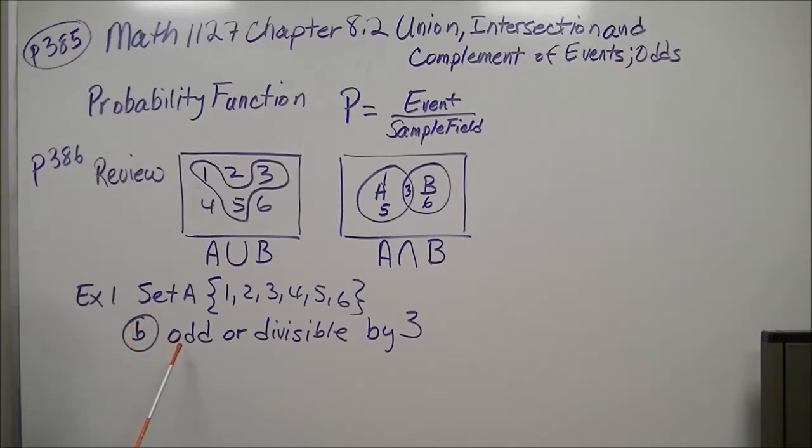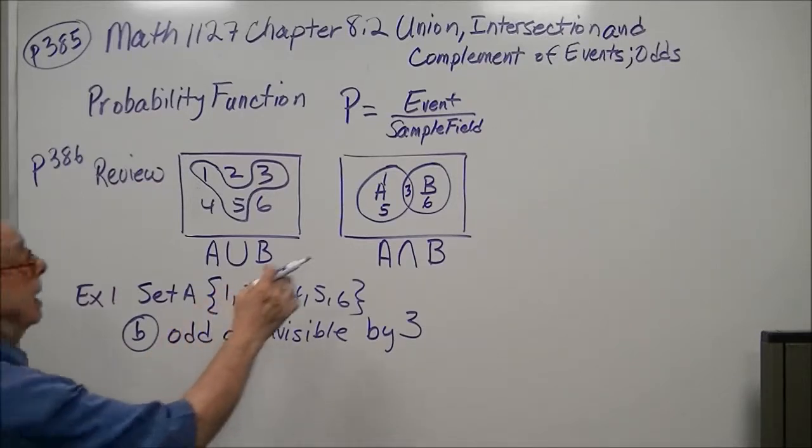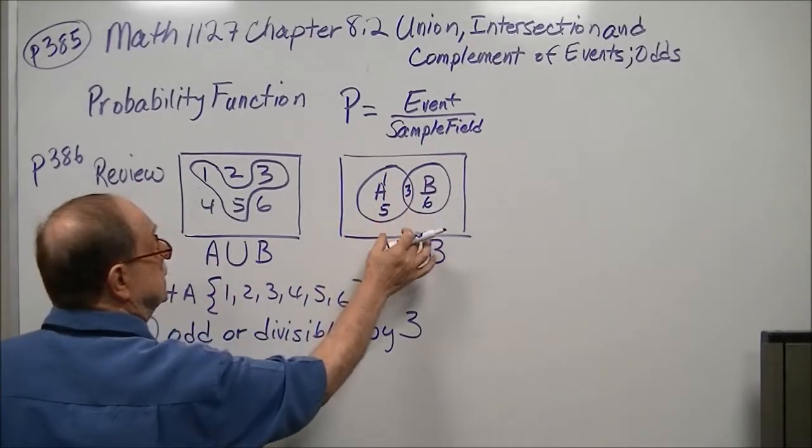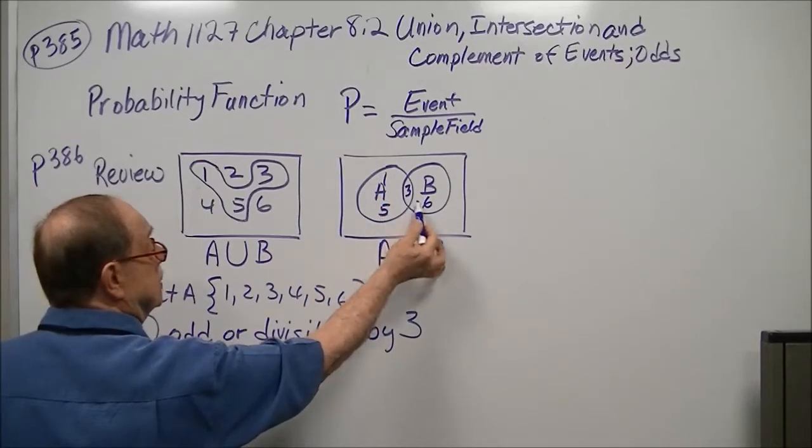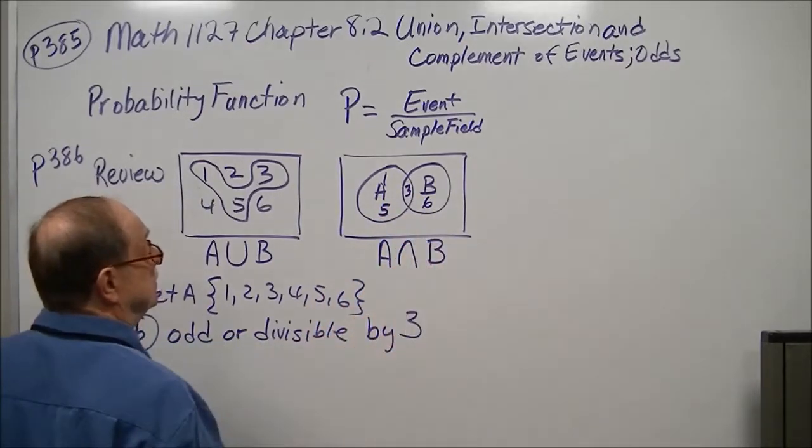And now we're looking for the set that is odd or divisible by 3. So here we're looking for "or," which is a union. So up here we're looking for a union of this. So these are the odds, and then these are the ones that are divisible by 3.